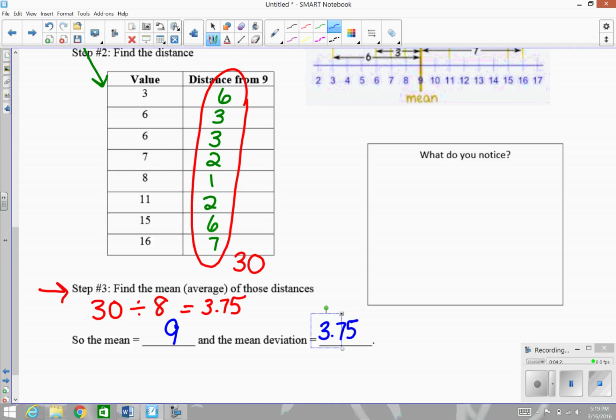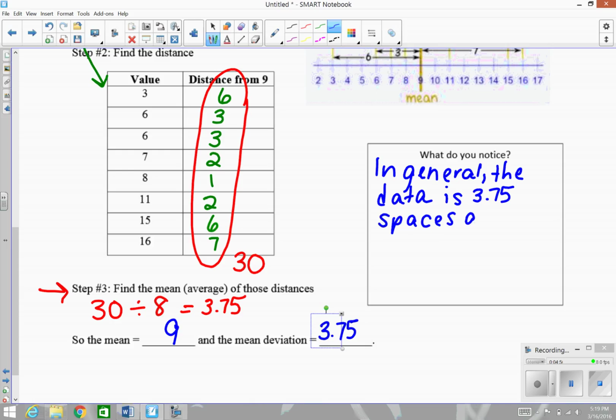So what we notice is that, in general, the data is 3.75 spaces away from the mean, or the average, which was 9.